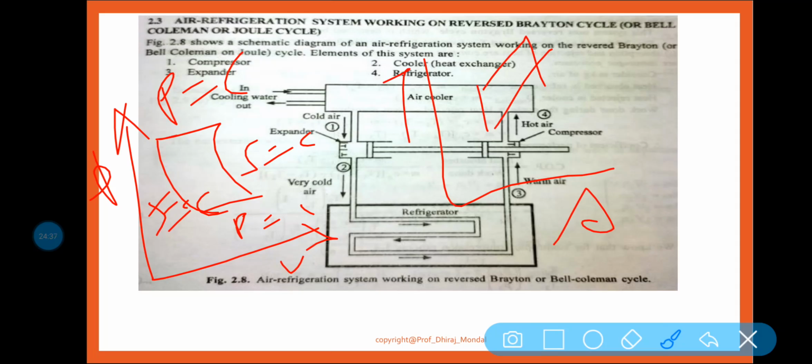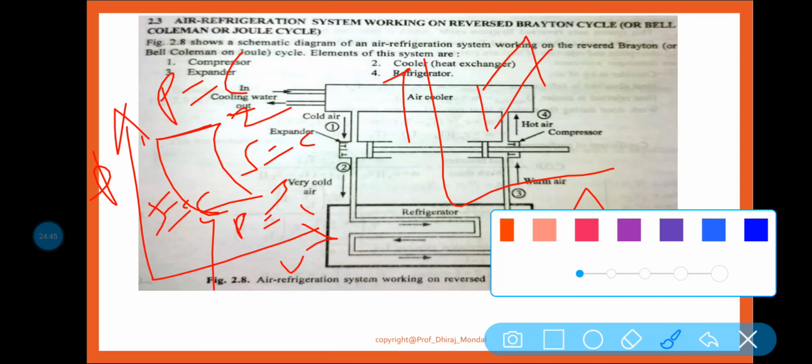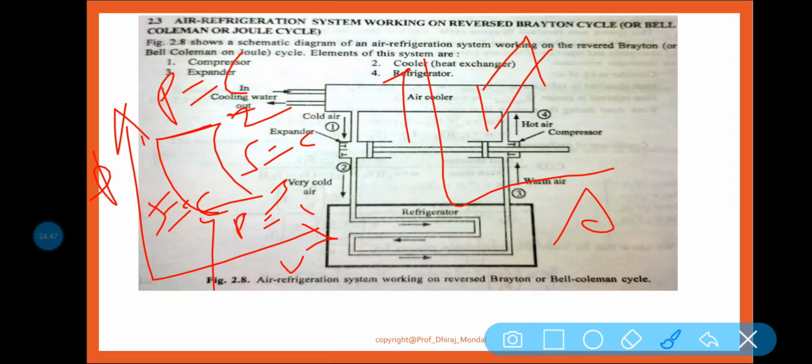There are the points 1, 2, 3, 4. Now basically in case of Brayton cycle, this 1 to 2 is the isobaric heat addition. 2 to 3 is your isentropic expansion. Here by the help of gas turbine the work is done.